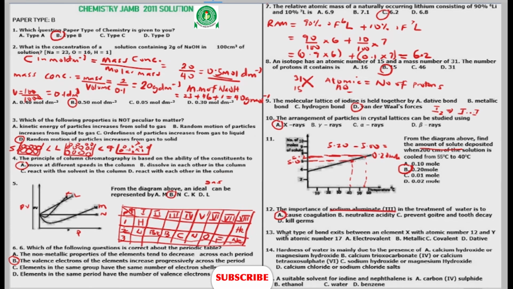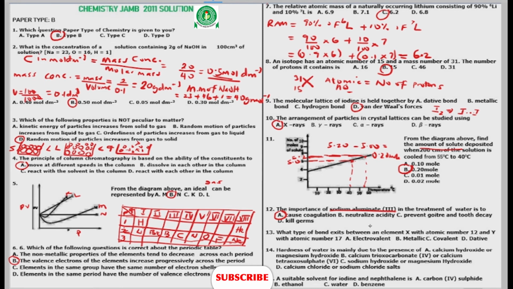So now, what type of bond exists between an element X with atomic number of 12 and Y with atomic number of 17? What type of bond?